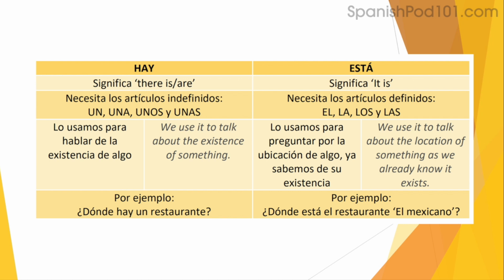So that's why whenever you're using hay, you have to use un, una, unos, y unas. It's incorrect in Spanish to say donde hay el, donde hay la, so the definite articles, okay, the specific articles. But if you're using está, then in that case you have to use the definite articles, the specific articles. So we are going to be using el, la, los, las.